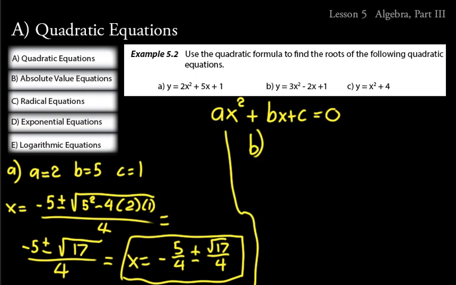And this time, a is 3, b is negative 2, and c is 1. So we start with that and substitute into the quadratic formula.